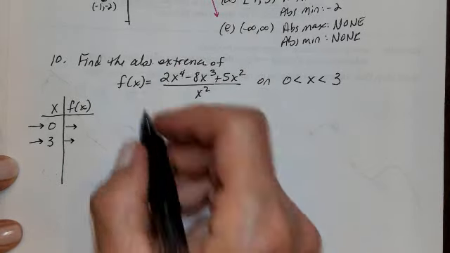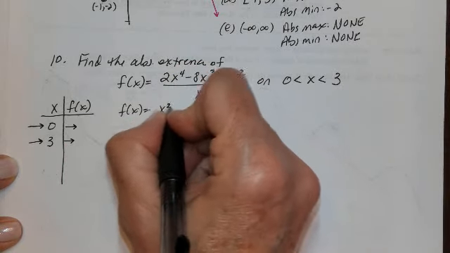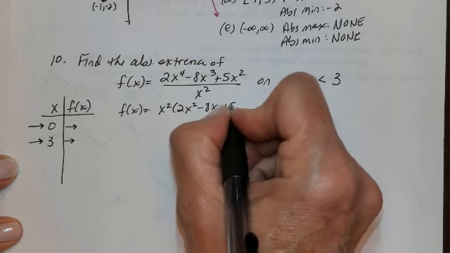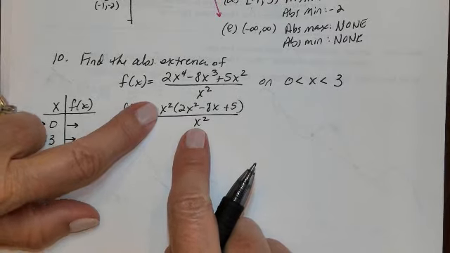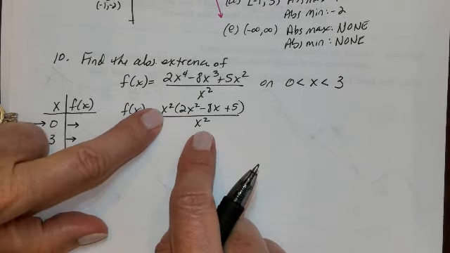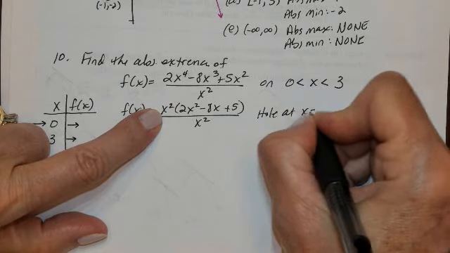So I can take out an x squared from every term. And now I see, oh my gosh, there's a hole in this graph. And it happens at x equals 0. Hole at x equals 0.